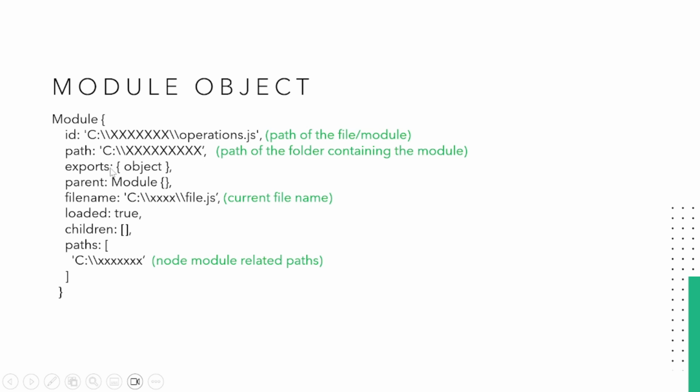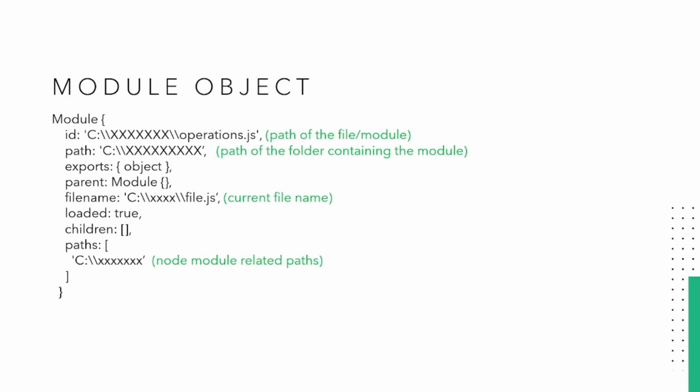Whenever we export any functions, these functions get added to this exports property. In our example, we exported two different functions, add and subtract. When they're exported, these two functions get added to this exports property.